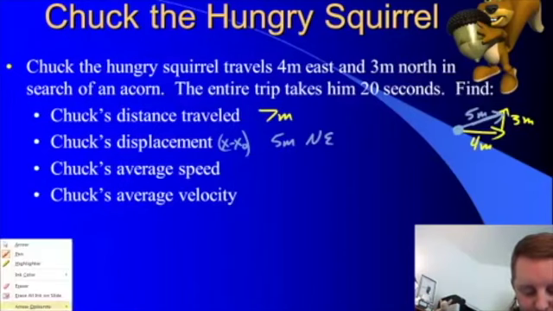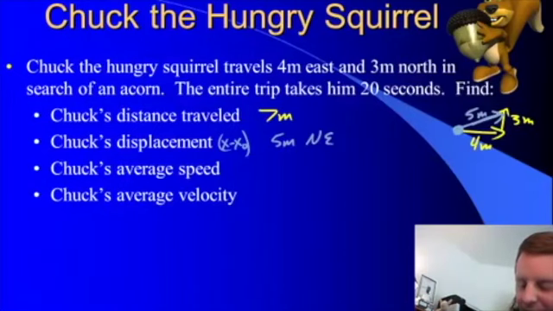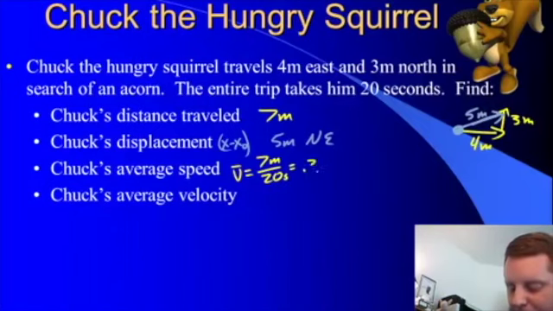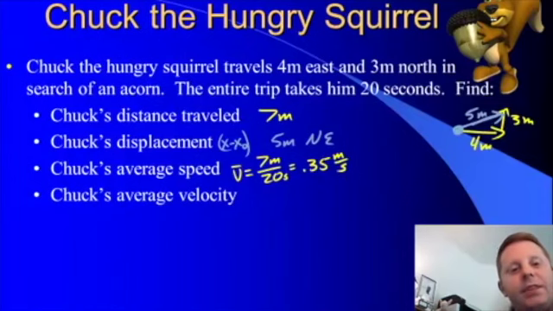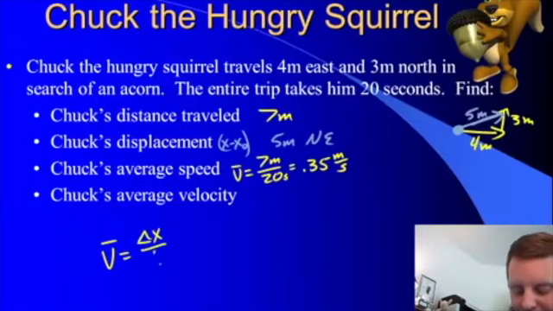Chuck's average speed is distance traveled divided by time, or 7 meters in 20 seconds, which is 0.35 meters per second. And Chuck's average velocity is the rate of change of displacement, the total displacement or position change divided by time.